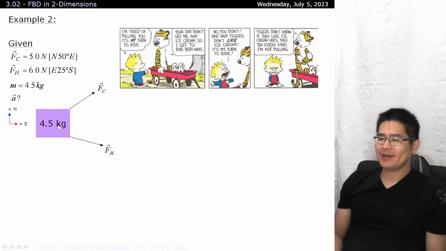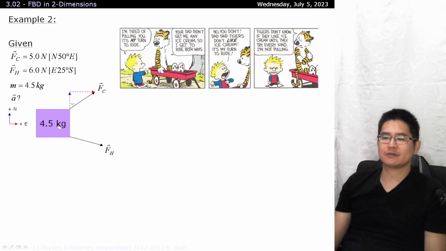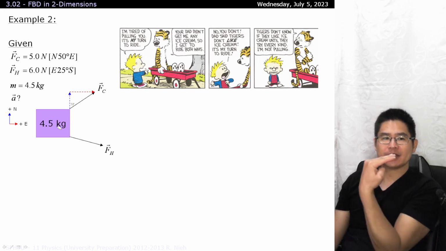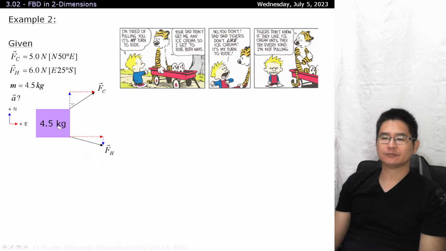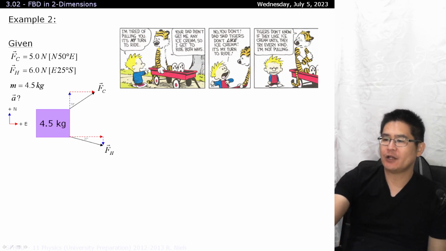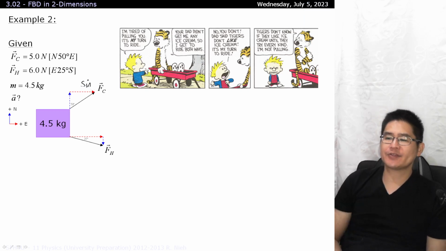Now, if it helps you, as I mentioned before, maybe you want to draw these faint little lines for your referencing. For example, this 50 degrees is north 50 degrees towards the east, and the other one is east 25 degrees downwards. And yes, this changes the outcome of everything. After all, for the red component over here, it's opposite of 50 degrees, so you'll want to use sine for this component.